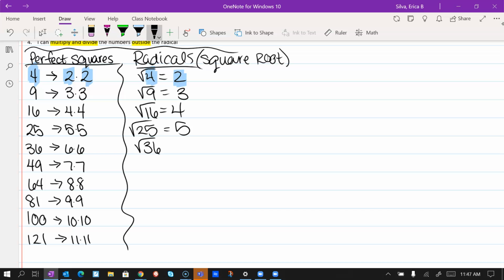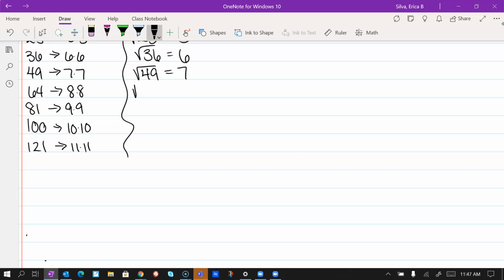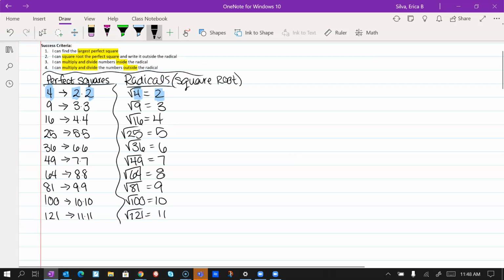Square root of 36 is 6. Square root of 49, 7. Square root of 64, 8. Square root of 81, 9. Square root of 100, 10. Square root of 121, 11.